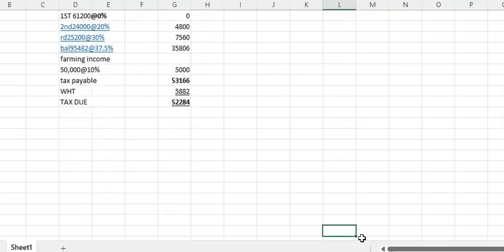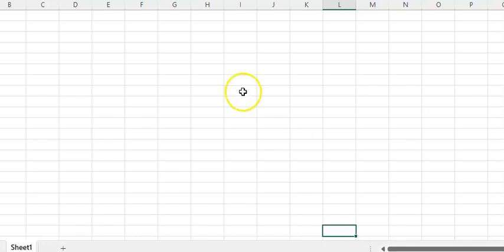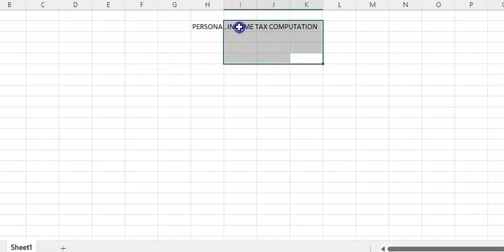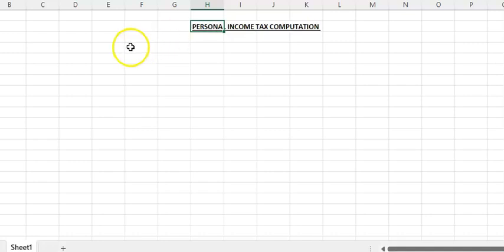So this is what we are going to do. We are going to write the title, personal income tax computation. I'm writing the title myself here for the sake of learning, but in the exam you should also write it, because I want us to see that what we are dealing with now is personal income tax computation. You write the name of the person. Who is this person? Mumbe.